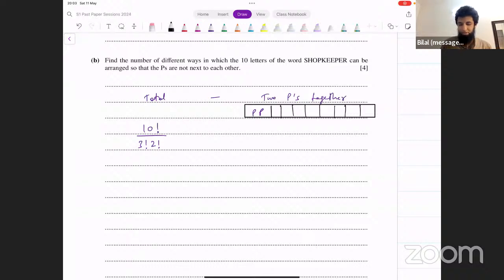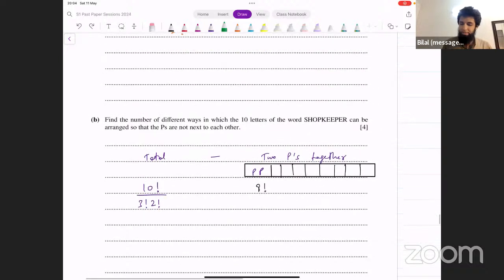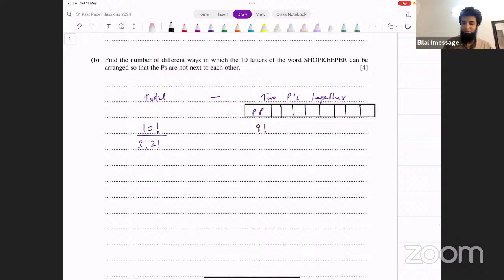We had 10 earlier. Now it's 8 remaining boxes plus this merged box. That's 9 boxes. So there are 9 factorial ways of arranging them. However, in these 9 boxes, there are 3 E's as well. So we divide by 3 factorial because of those 3 E's. And then we think about the 2 P's.